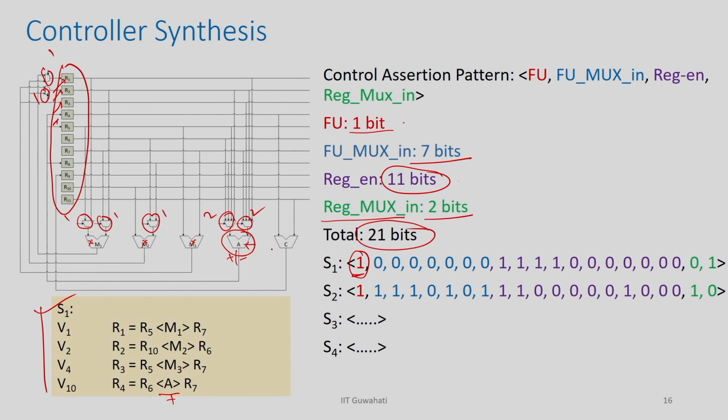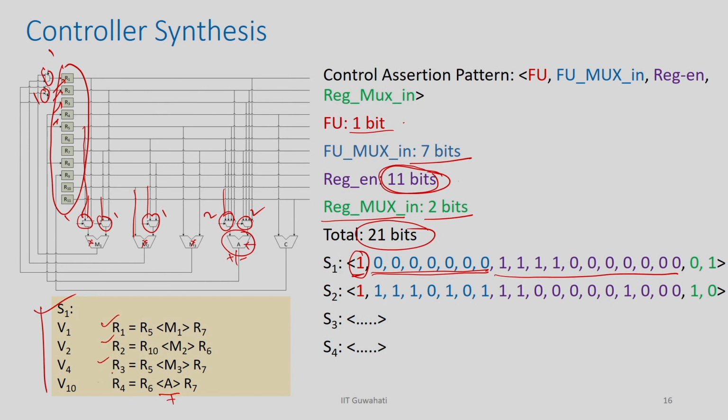Okay. So, I am just putting 1 here, and these are the control bits corresponding to the mux in. Since this is the first operation, all will take the left one, right. So, all will take the leftmost bit, so it will be all 0 0 0 0. Then the next 11 bits correspond to the register enables. In timestamp 1, which registers are getting updated?